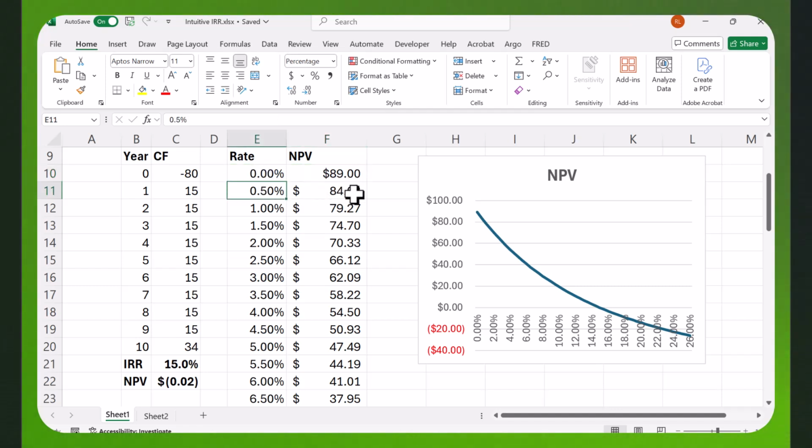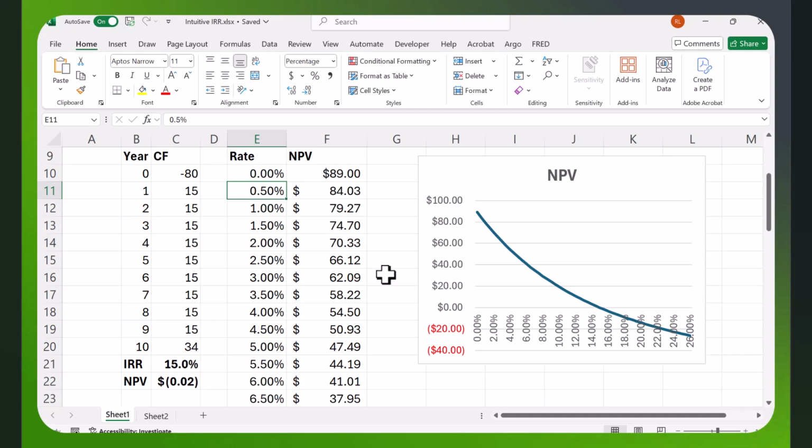So each time I copy down, it changes the interest rate, and you can see as the interest rate goes up, the NPV goes down. And where this intersects the x-axis is where we have IRR. So this is the traditional presentation of internal rate of return.